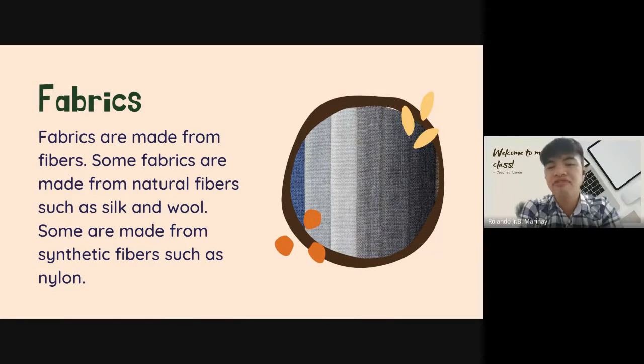The next ones are fabrics. Fabrics are made from fibers. That's why we call it fabric, because it is made of fibers. Some fabrics are made from natural fibers such as silk and wool. Natural fibers come from plants, like pineapple leaves and some other plants.